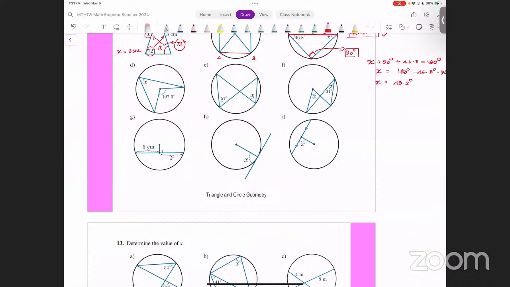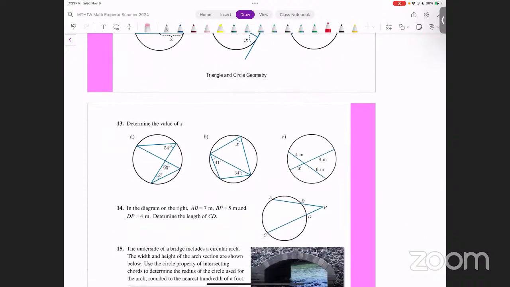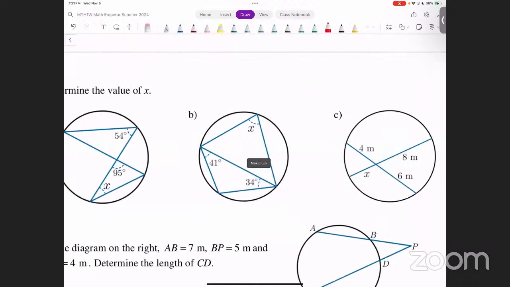All right. This is pretty easy. So we learned the cyclic quadrilateral. A little challenging here.